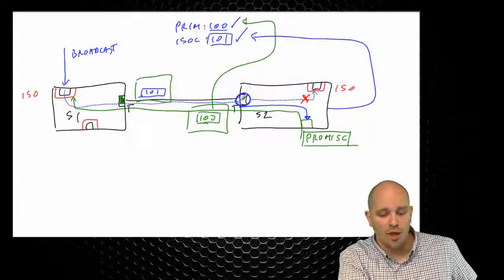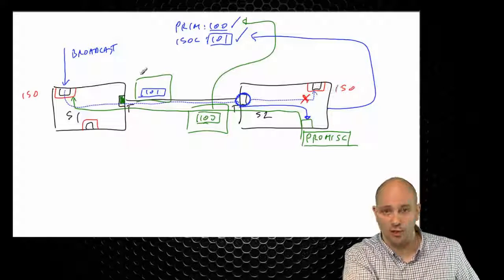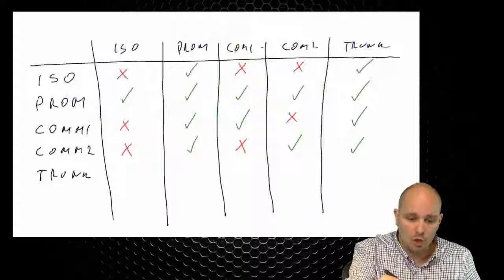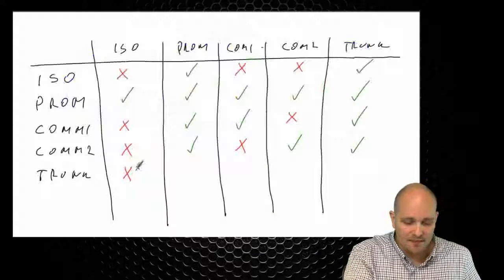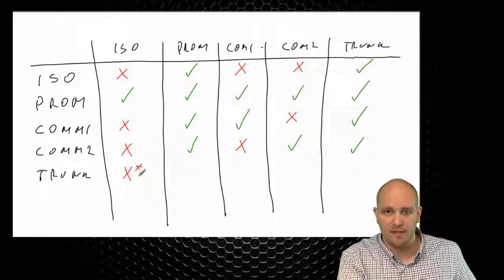The answer is no, because if we send this traffic, we are not going to provide for isolation between the two switches. So the traffic here will not be sent from the trunk to isolated ports. Keep this in mind, and even in the RFC there is a note about it. There is an asymmetric behavior.